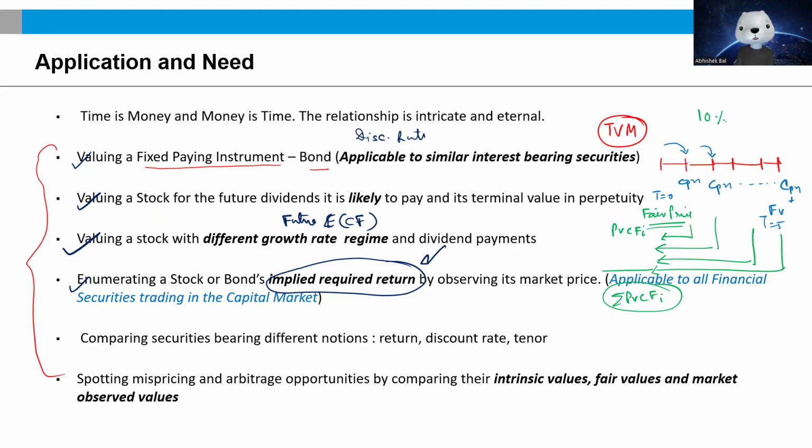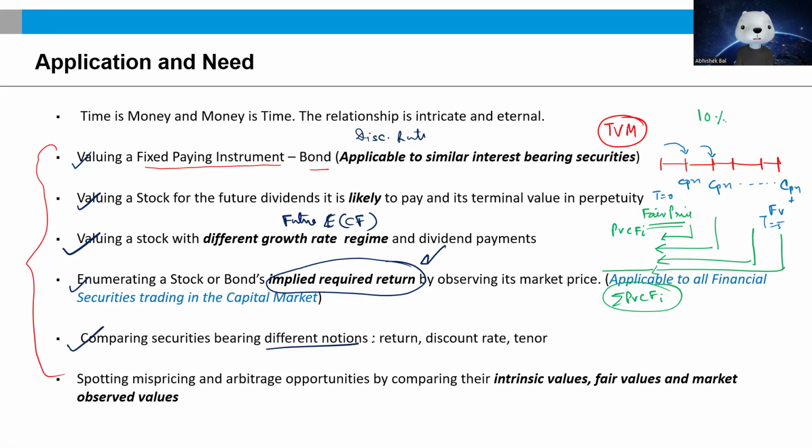They want all of the topic areas not to stand in isolation, but to be fully integrated, so that as a candidate you would know that a real life situation may not be confined to a given security, but would be entwined with other securities, aspects and techniques as well. So, in enumerating a stock's or bond's implied rate of return, TVM has an application there as well.